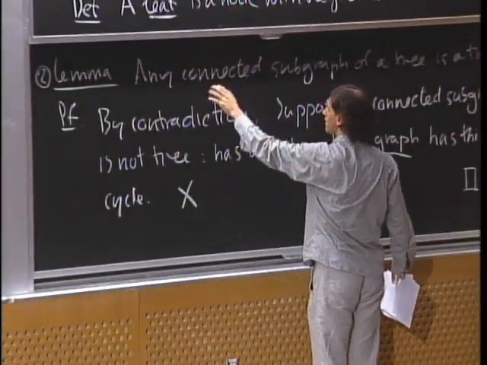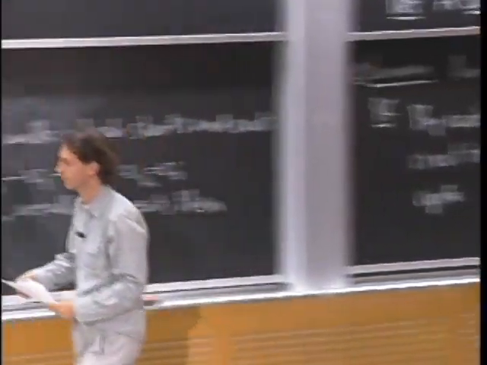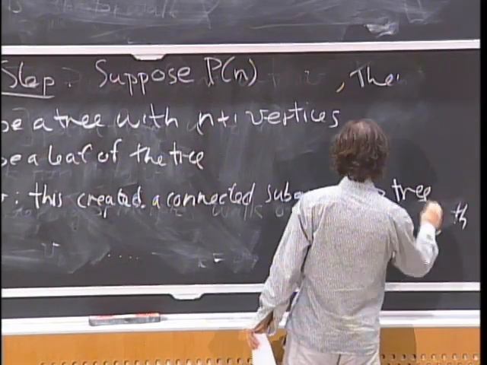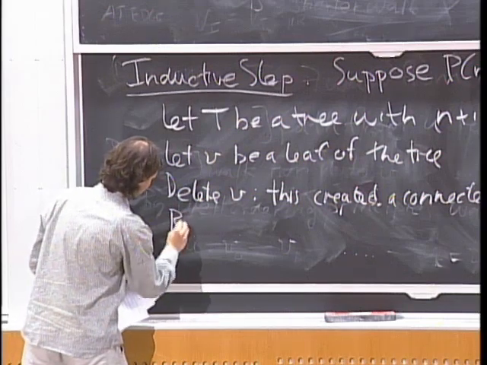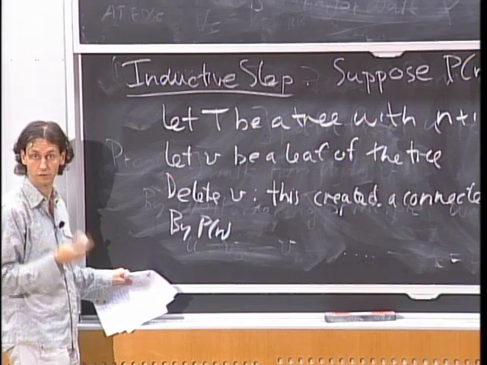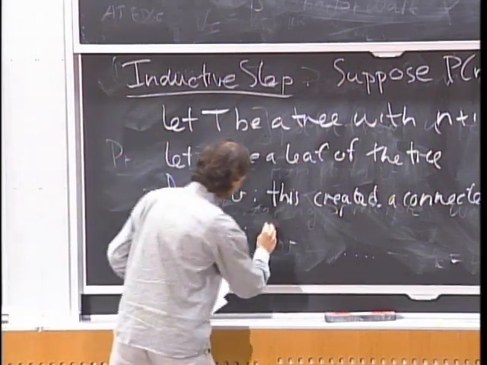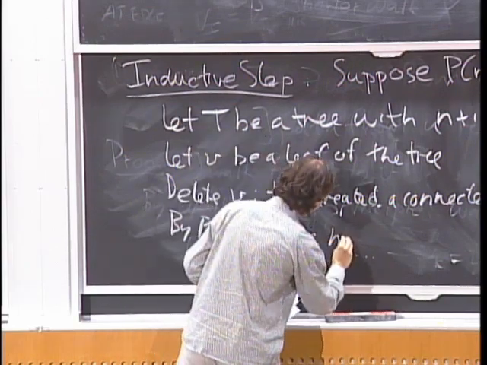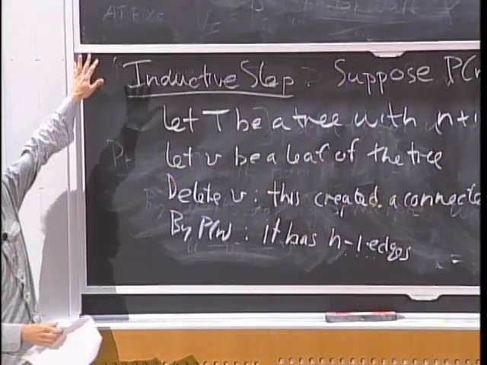That says that if we have a connected subgraph, then we still have a tree. So that's great. So this is also a tree. So now we can apply Pn, because we have n vertices, because we deleted one. So by Pn, we can conclude that this particular subgraph has n minus 1 edges. We simply apply our statement over here.